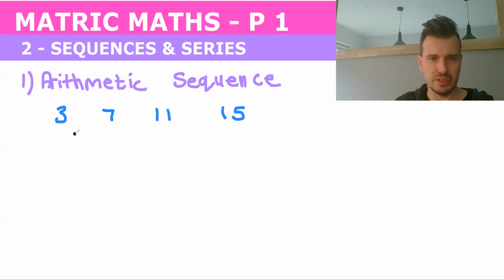And when you look at the difference between the numbers, it's the same. So if they give you a sequence and they don't tell you what type of sequence, the first thing you're going to do is look at the difference between the values. And so what we call this is the first difference.